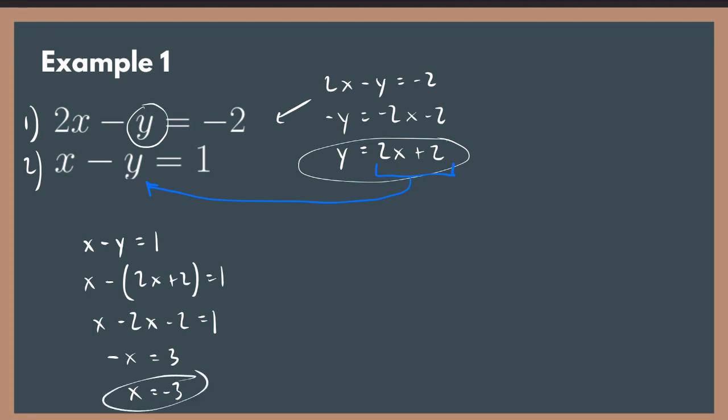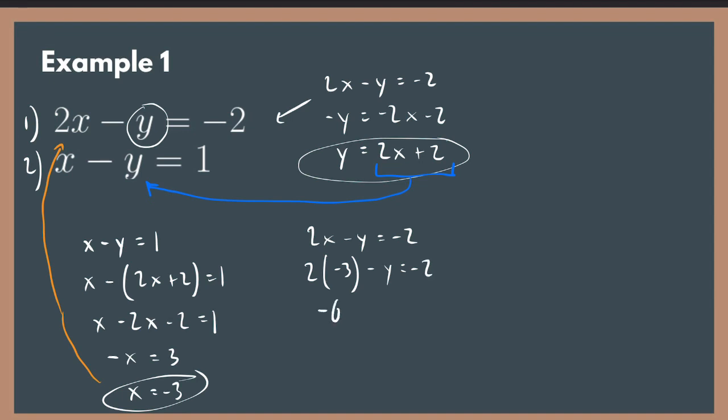Now that we know the value of x is equal to -3, we can solve for y. We can plug -3 into the first equation and then solve for y. 2x minus y equals -2, and we plug in -3. 2 times -3 minus y equals -2.